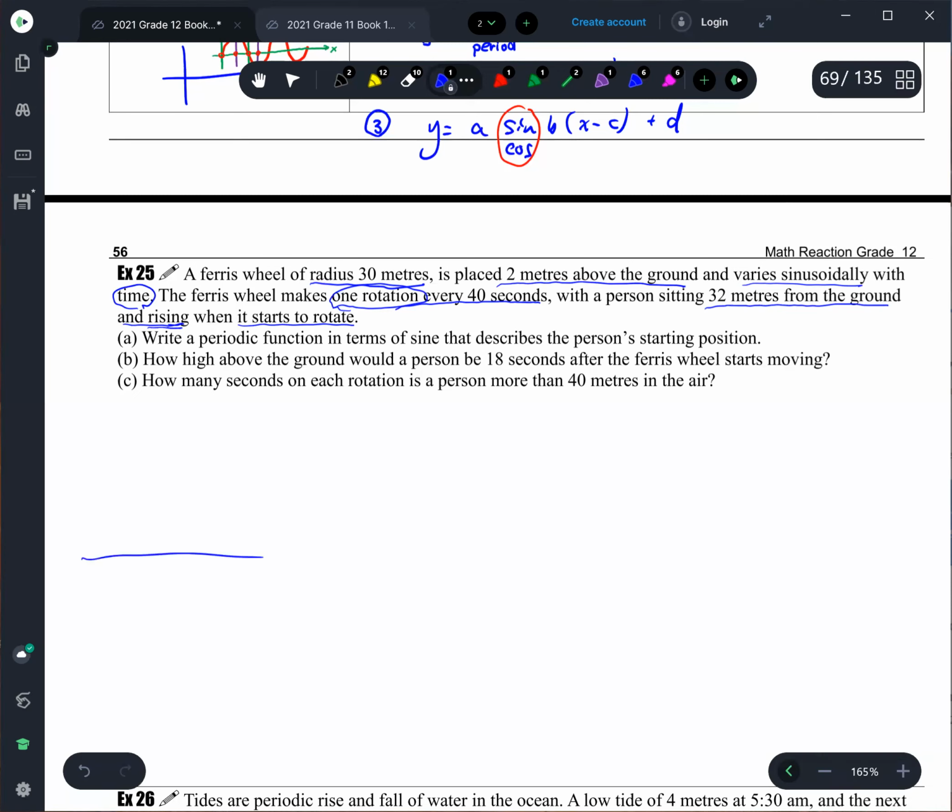You need to have a ground, Ferris wheel, right? Ferris wheel. Right, and then we have seats, little carts.